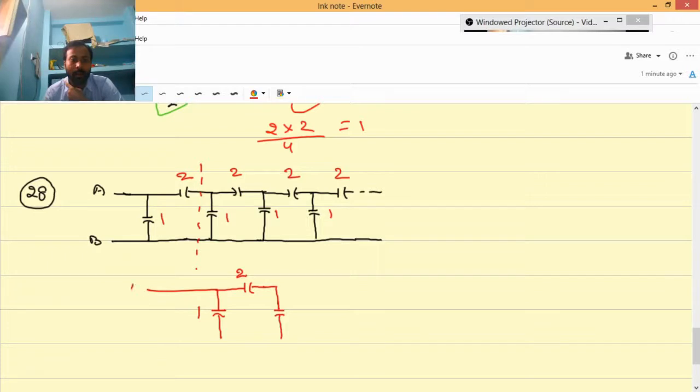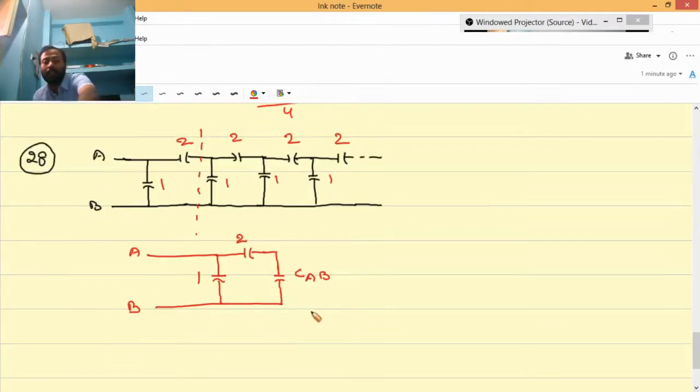Since we have to decide the equivalent capacitance between points A and B, this whole remaining portion will contribute to C_AB equivalent only. So we will write that this value is exactly equal to the equivalent capacitance.